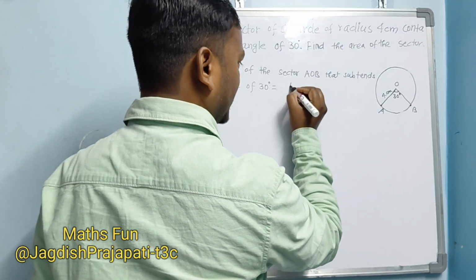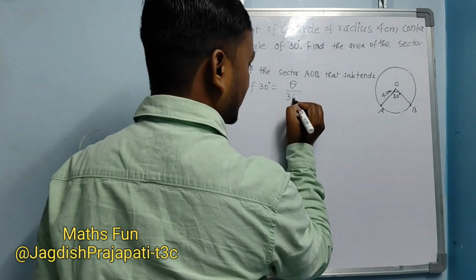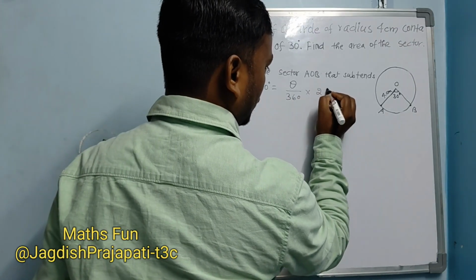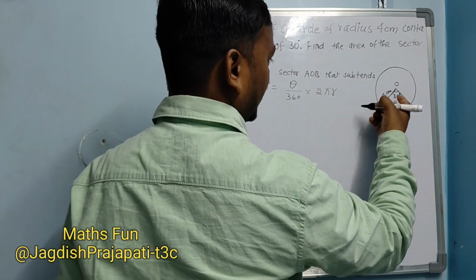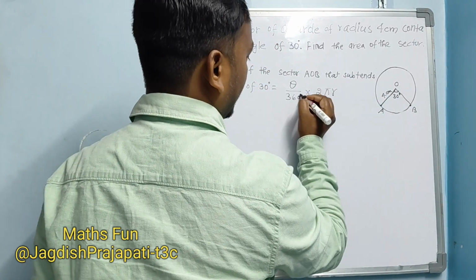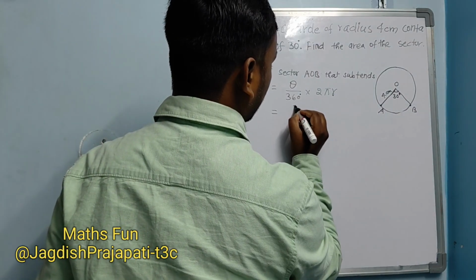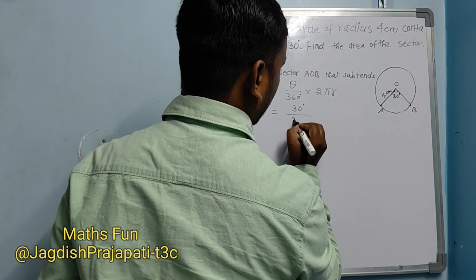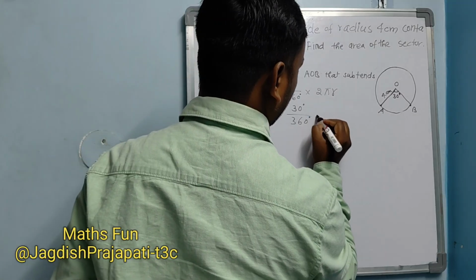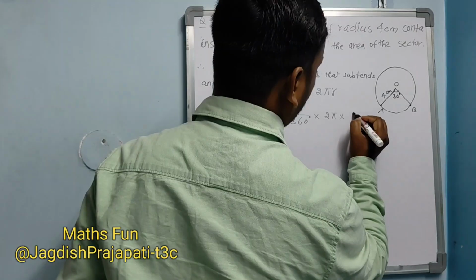So this is by the theory theta by 360 into 2 pi r. Since this is in degree, we will write here 360. Okay, so theta is now 30 degree and this is 360 degree into 2 pi r, r is 4.